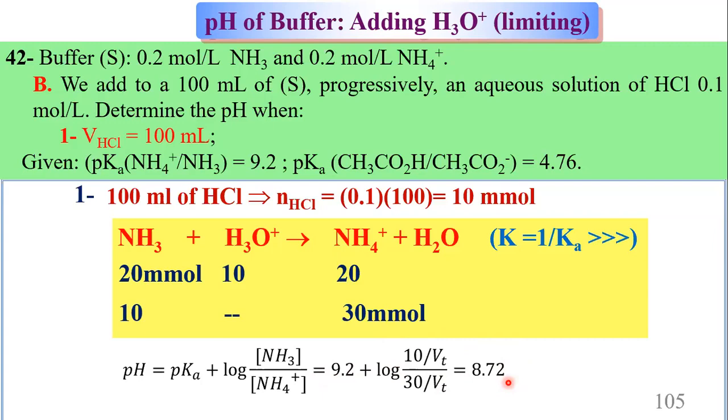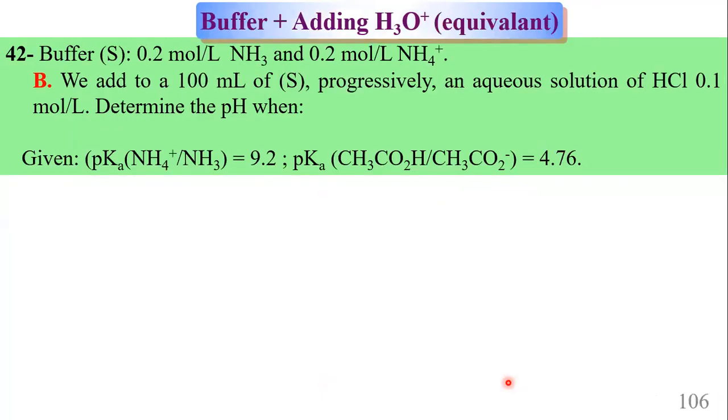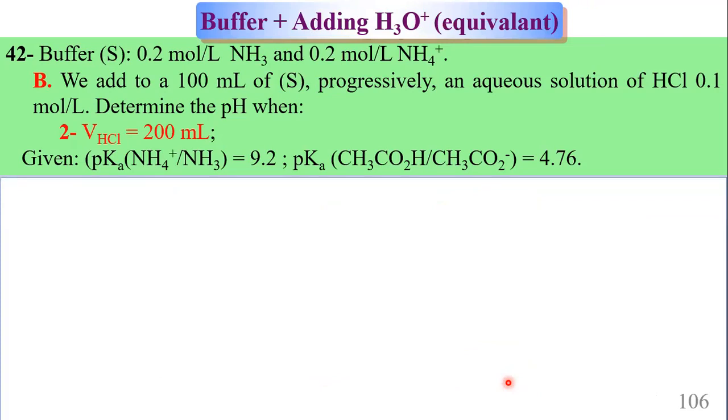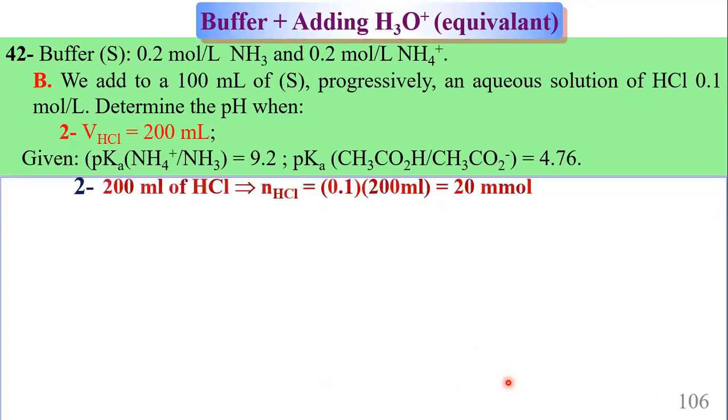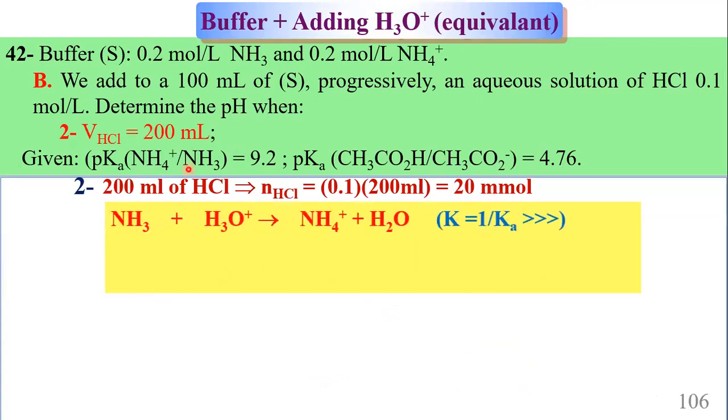Now, what happens if I add 200 milliliters of HCl? Well, do the calculation of the number of moles of HCl when that is 200, and you get concentration times volume, 20 millimoles of HCl added. And HCl again is strong, so that's simply H3O plus.